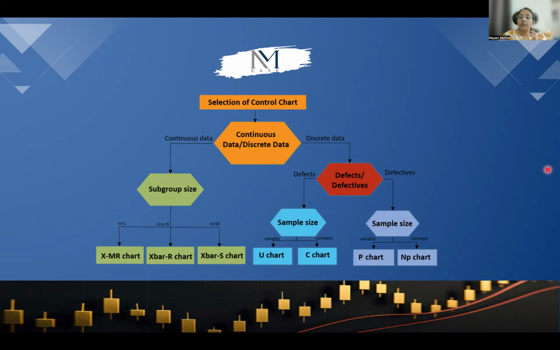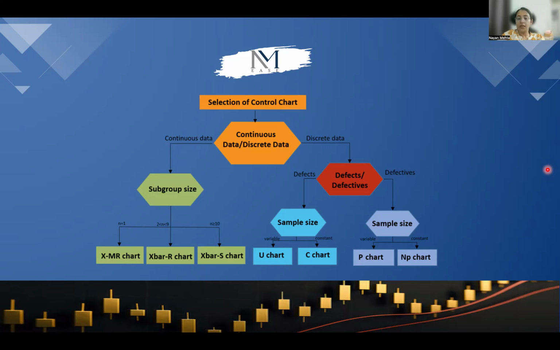There's often confusion between terms like count, classification, defect, defectives, so let's clarify these things first. Now, what is a defect? A defect is any single instance where a product does not meet the specified requirements, right? So there can be multiple defects on a single product.